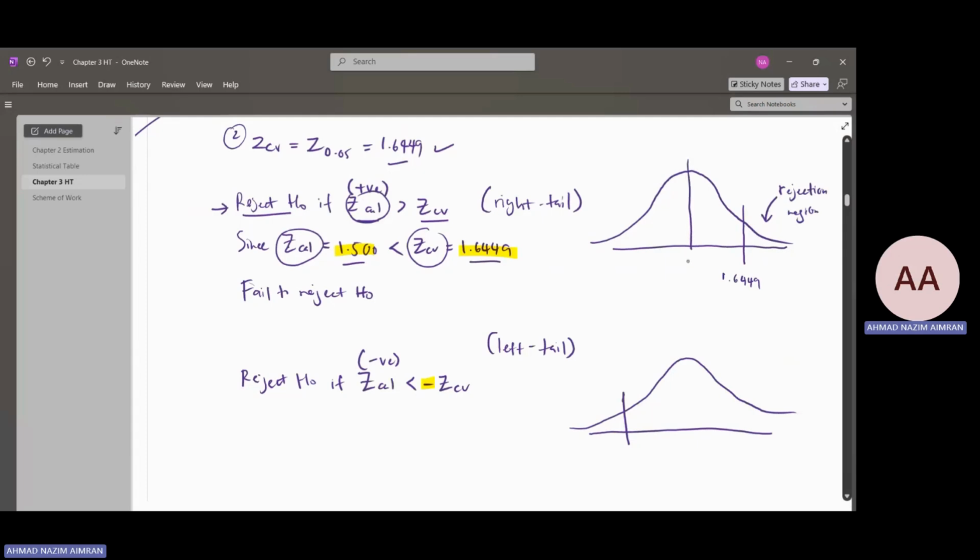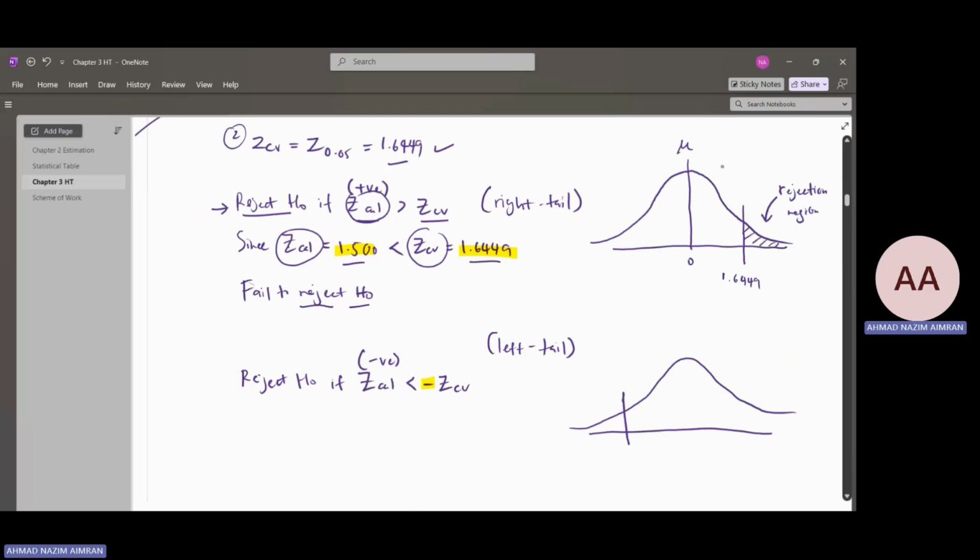And let's say this is 0. Remember for the Z, we have 0 as the center of the distribution, and this is also the mean. So the rejection region, that is why here we reject H null if the value is greater than 1.6449.